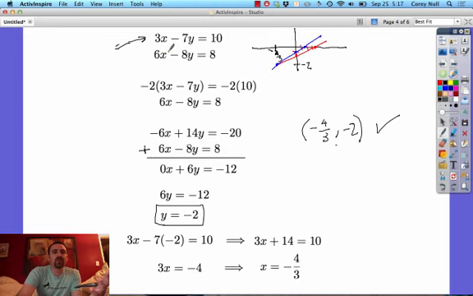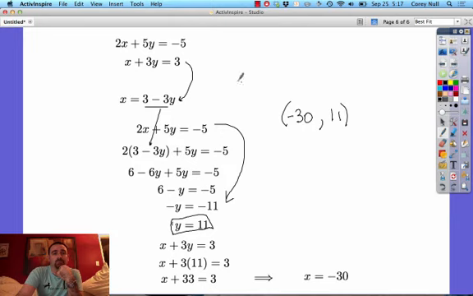So here, if I were to use substitution, I would be forced to deal with lots and lots of fractions. Substitution is usually pretty good when it's easy to solve for x or easy to solve for y. Notice here, x is not multiplied by anything, so I knew right away that it would be pretty easy to solve for x. Solving for x in this case would probably be rather difficult.